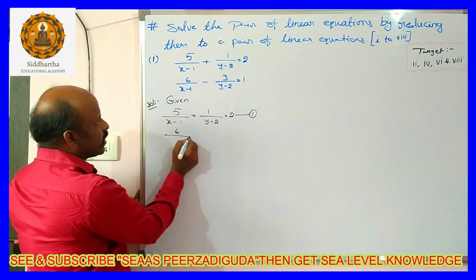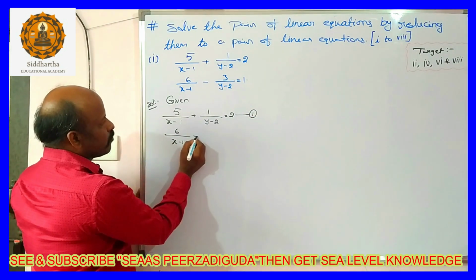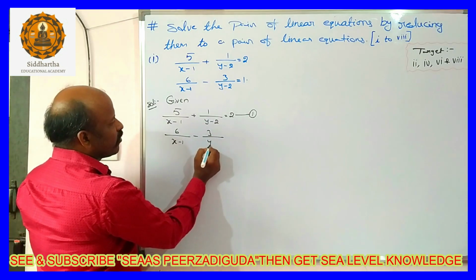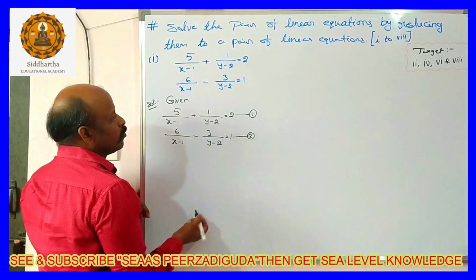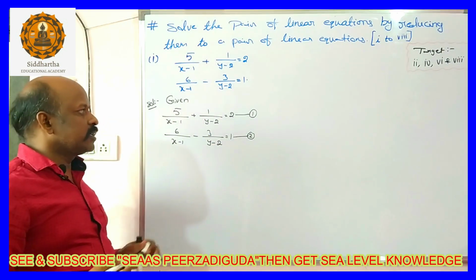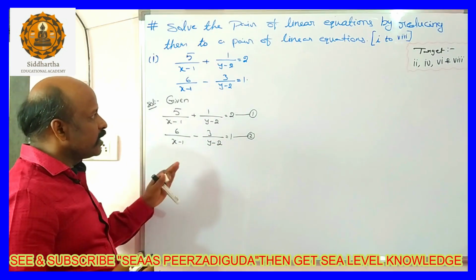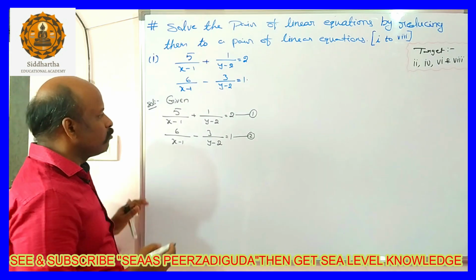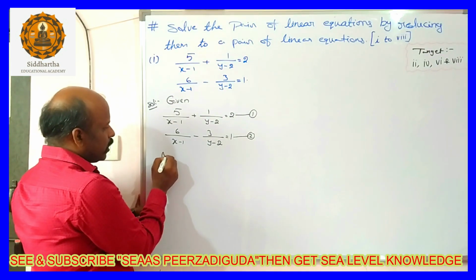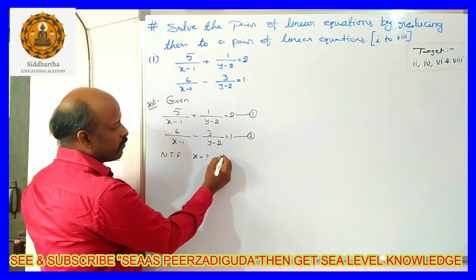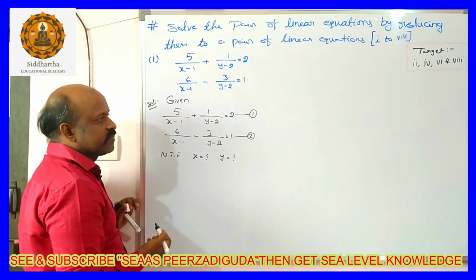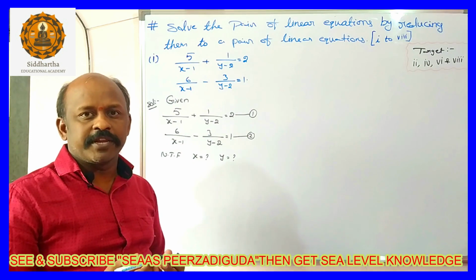One more, 6 by x minus 1 minus 3 by y minus 2 is equal to 1, equation number 2. After writing these two equations, we have to find x is equal to question mark and y is equal to question mark. The x value and y value we have to find.